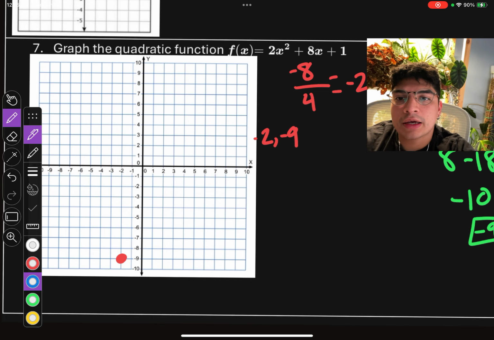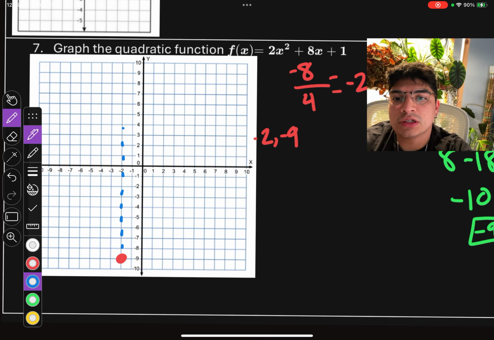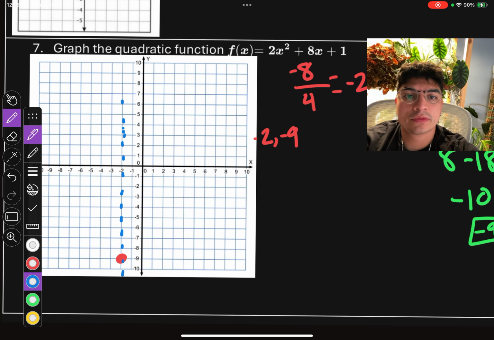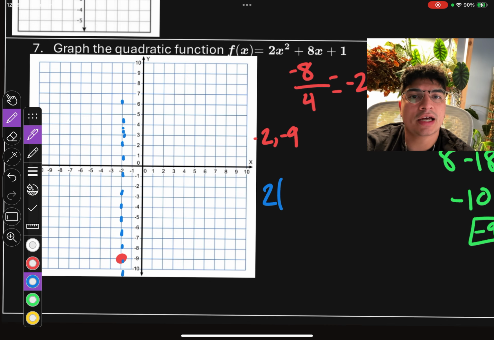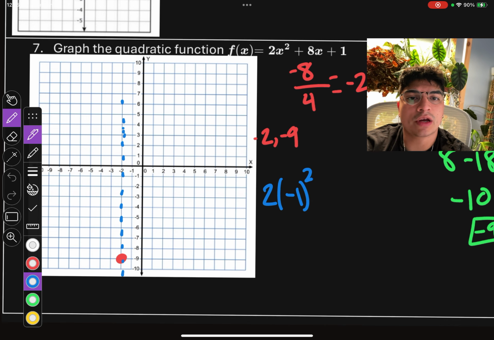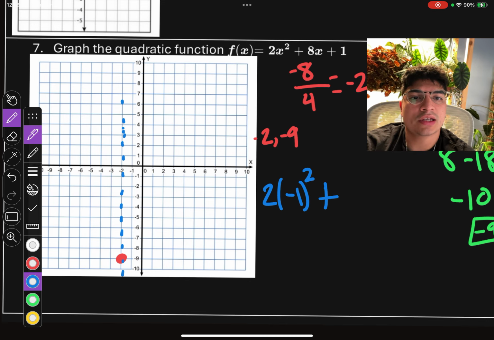I have my axis of symmetry straight down the line right here. And I'm going to choose a value of, just because it's easy, negative 1, because it's off the x-axis. And it should hopefully make this a lot easier. 2 times negative 1 squared plus 8 times negative 1 plus 1.